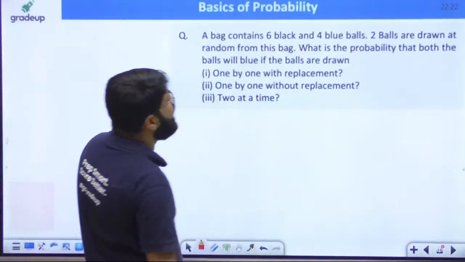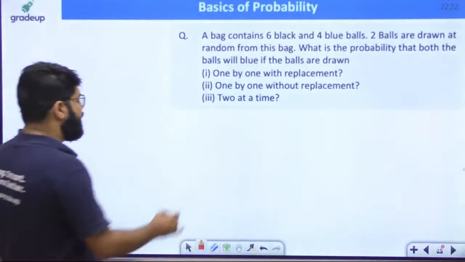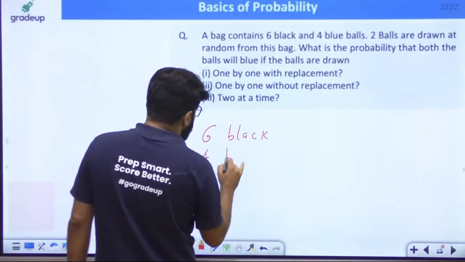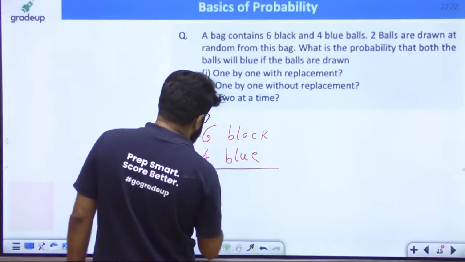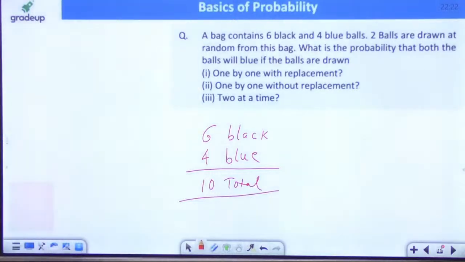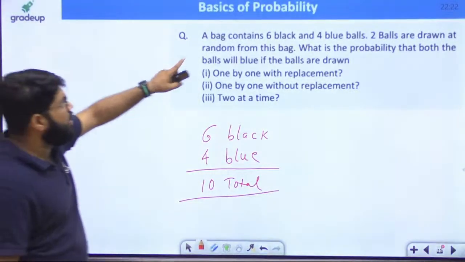A bag contains 6 black and 4 blue balls. That means 10 total balls. Two balls are drawn at random from the bag.